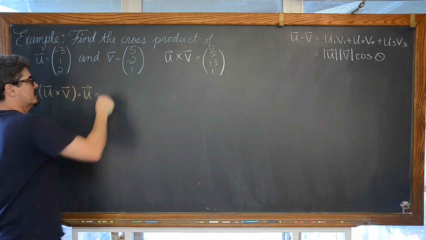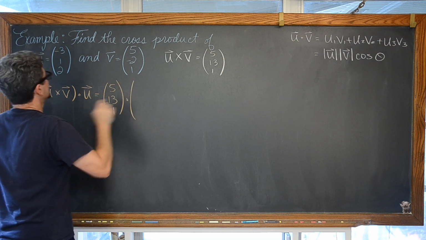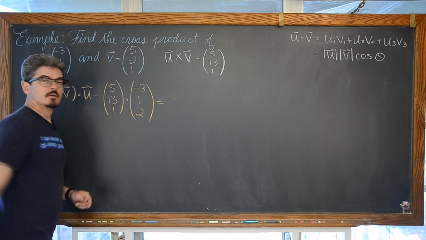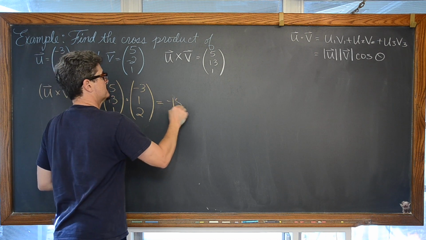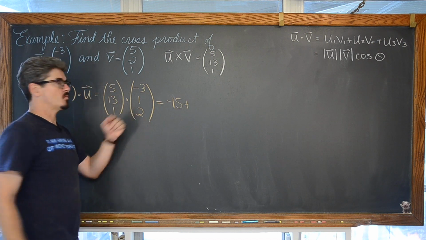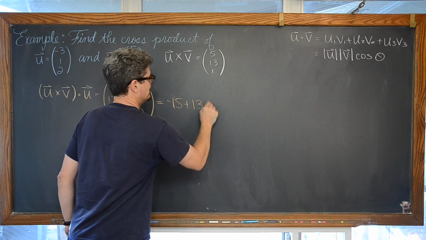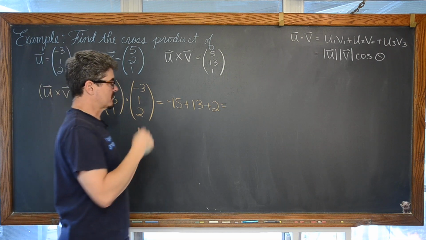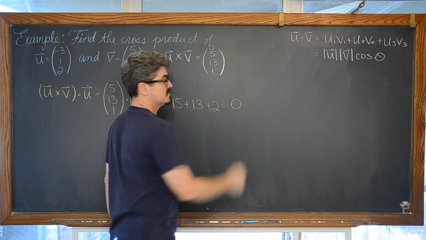So we're going to do the dot product between 5, 13, 1 and negative 3, 1, 2. Well, we have 5 times negative 3 is negative 15, plus 13 times 1, which is 13, plus 1 times 2 is 2. The scalar we get out of the dot product is 0.